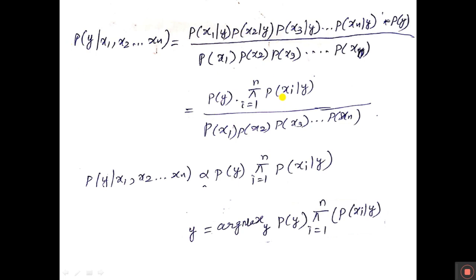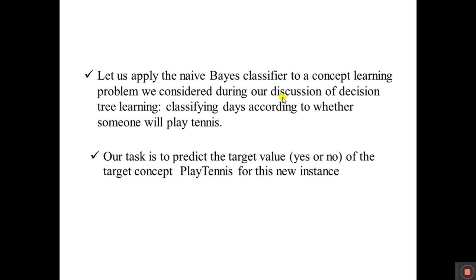Now let us apply this Naive Bayes classifier to a concept learning problem we considered during our discussion of decision tree learning in unit 1. So classifying days according to whether someone will play tennis or not, that we already discussed in unit 1. Our task is to predict the target value yes or no of the target concept play tennis for this new instance.